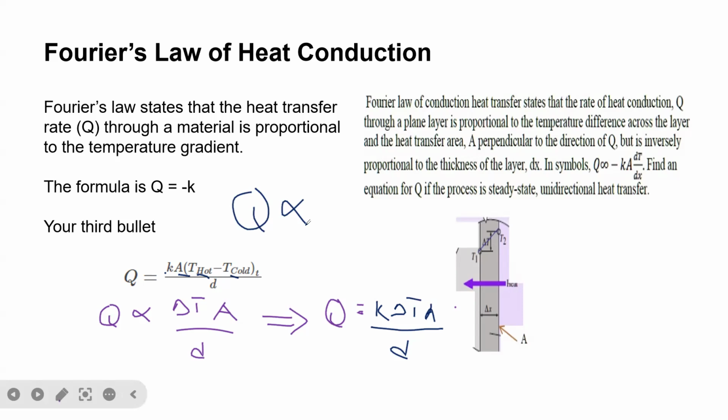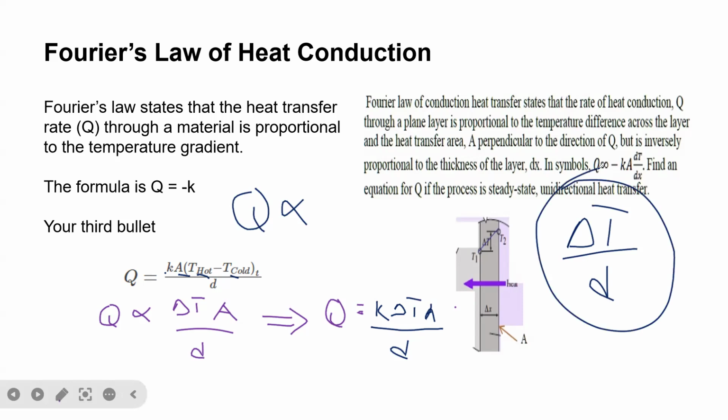Whenever you hear the words temperature gradient, it means delta T over D, that is change in temperature divided by distance. And the rate of heat by conduction stands for the quantity of heat divided by time, because there is rate there. So I think, ladies and gentlemen, this is very clear.